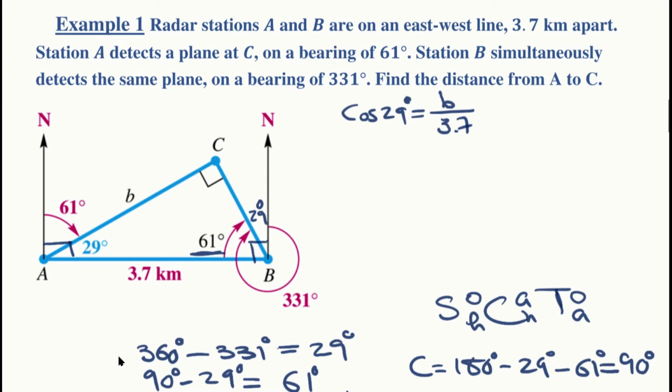So now if I throw 1 beneath this and cross multiply, I get B is equal to 3.7 cosine of 29 degrees. So we just need to calculate that.